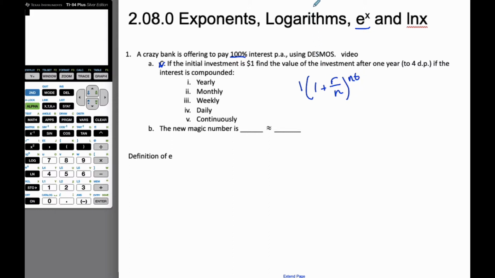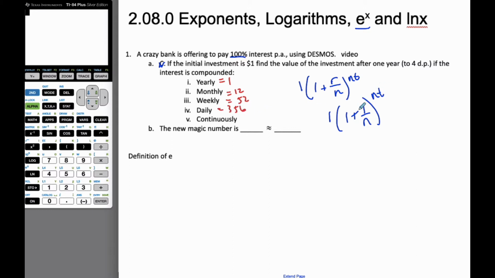In this scenario, my initial value is 1, and 1 plus my interest rate, 100%, divided by n, to the n t. For yearly, n is going to be 1. Monthly, n is going to be 12. Weekly, n will be 52, daily 365, and so on and so forth.